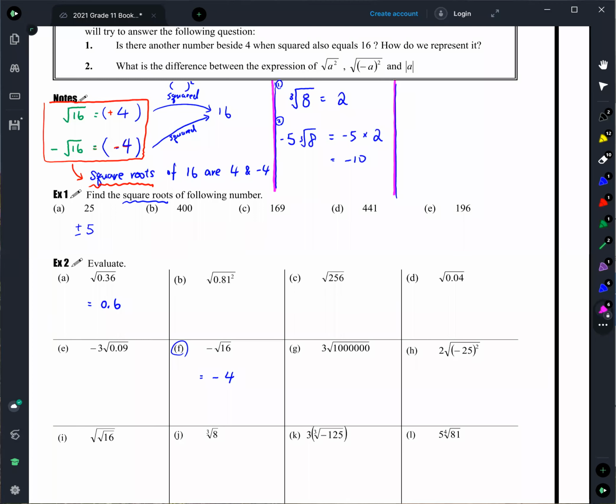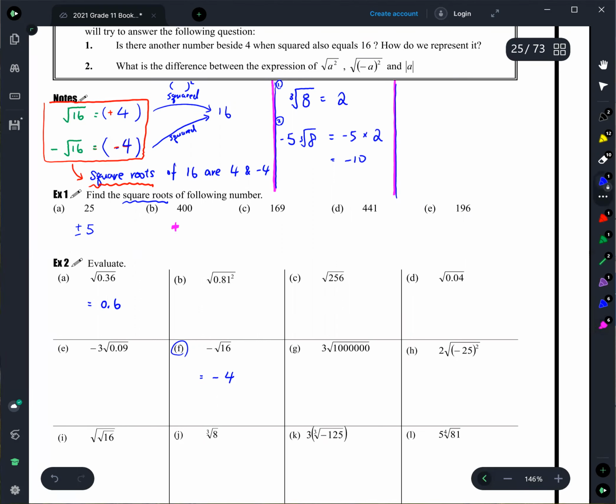Okay, we'll check question 1 first. Naomi, what are the square roots of 400? Plus or minus 20. Yep, plus minus 20. Good. All right, question C, Henry. Positive, negative 13.